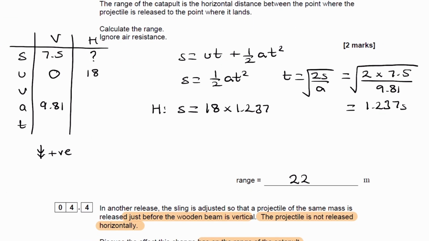Going back to this equation, if the horizontal launch velocity is lower, then that will lower the range. So we have two opposing effects here. One will increase the time of flight, and the other would decrease the horizontal velocity. We can't actually tell which effect would be greater, and therefore the overall effect on the range is unknown.